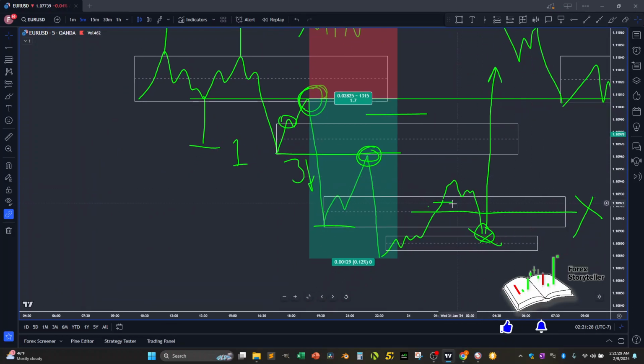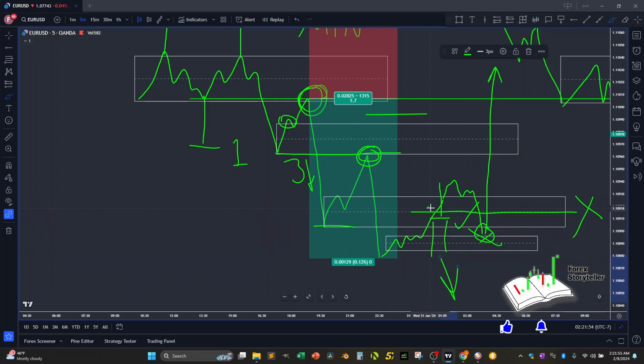And keep in mind as well, it has to be a close, not a wick. If the wick goes past it, but the actual close of that candle does not cross and close above, that is still a valid setup. That is still good and still very likely to carry on. It's just stalling for a minute.